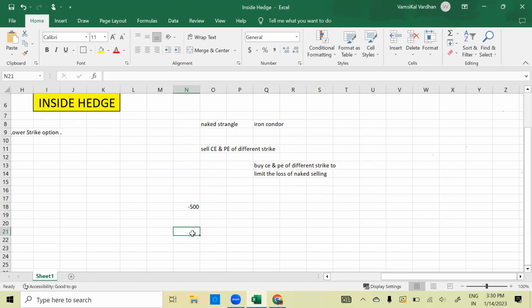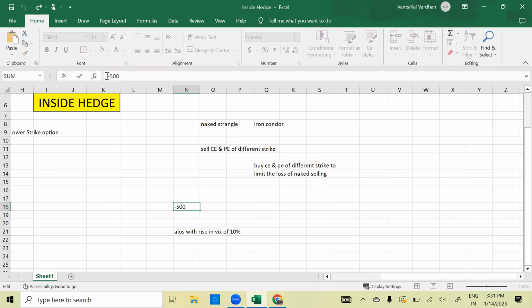So the first situation is minus 500 points, and the next is minus 500 points along with a rise in VIX of 10%. How will these two positions help us?